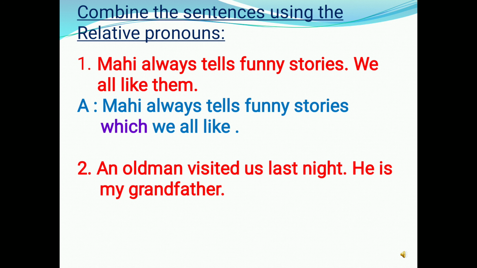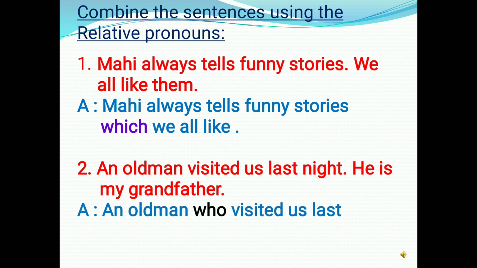Which relative pronoun is used here for persons? Yes, who. So here we have to use who. The answer is: An old man who visited us last night is my grandfather. So this is the way to combine two sentences using relative pronouns.